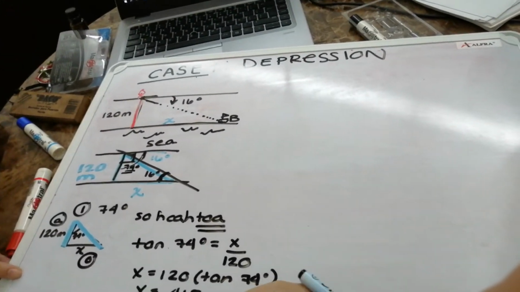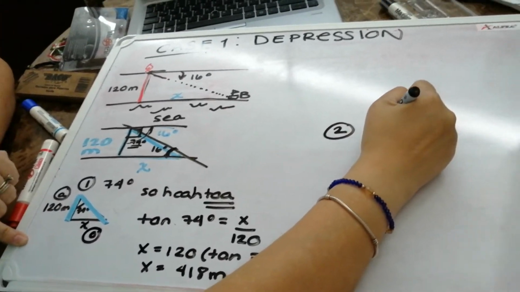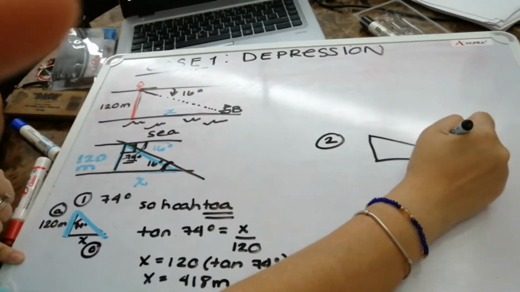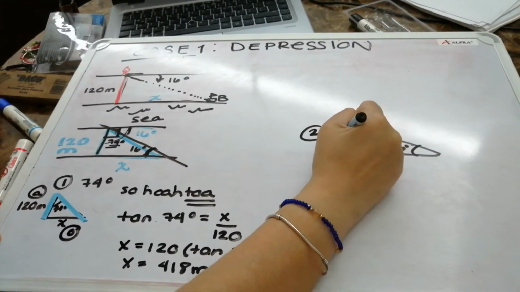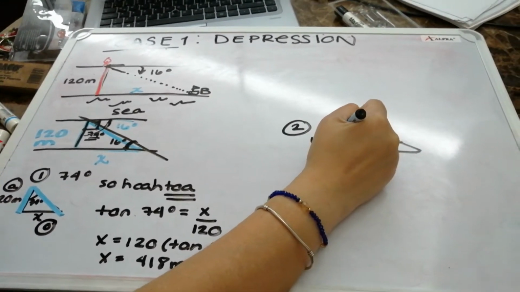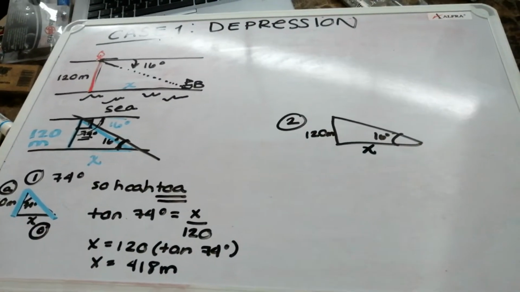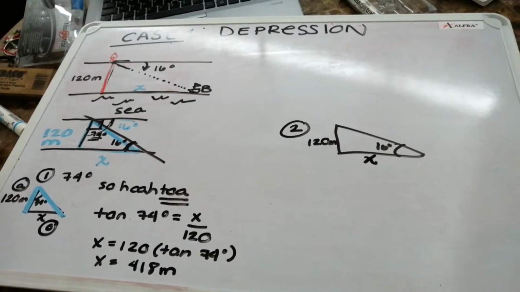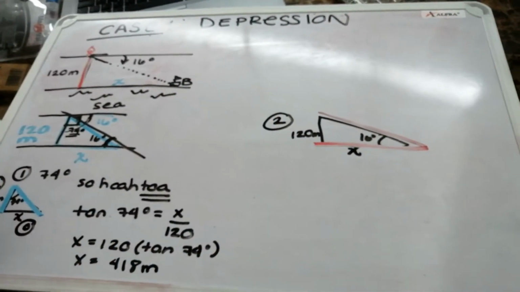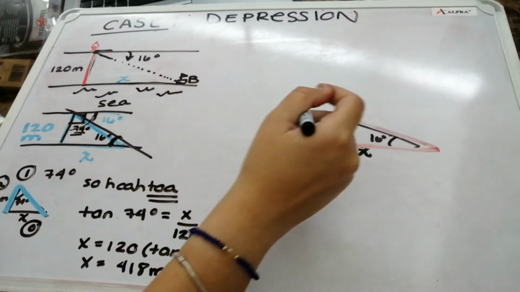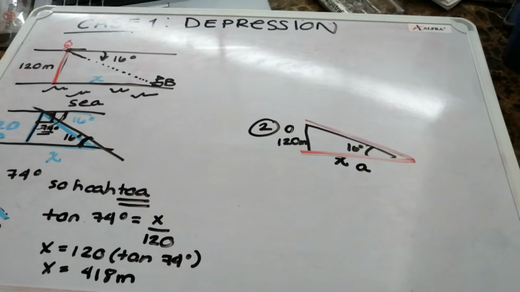Now I'm going to use the other option, option number 2, by using the 16 degrees angle. This is 120 meters, and I'm going to calculate this distance. As I'm using the 16-degree angle, which is formed by these two lines, then what I have is the opposite side, and I need to look for the adjacent.